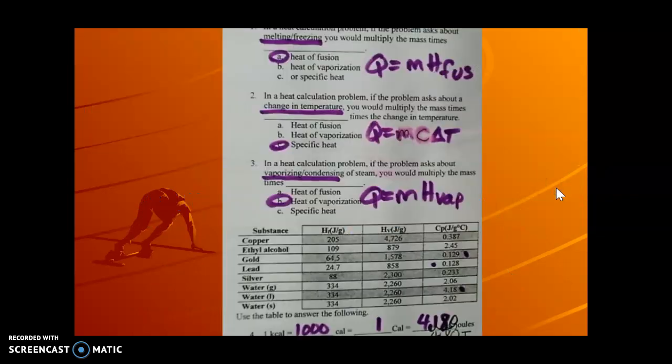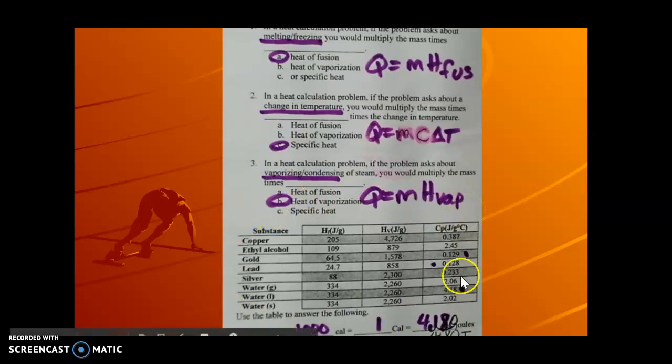So let's give a look here. If you were working on a couple of problems such as these, and the problem mentioned melting or freezing, you would know you were going to use Q equals mH of fusion. If the problem talks about a change in temperature, again, you go back to the Q equals mcΔT formula. If vaporizing or condensing are mentioned, you would use Q equals mH of vaporization.